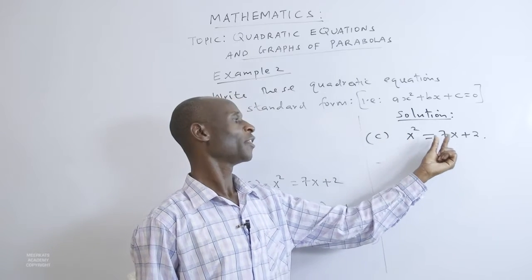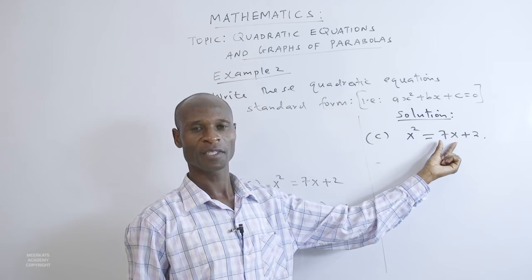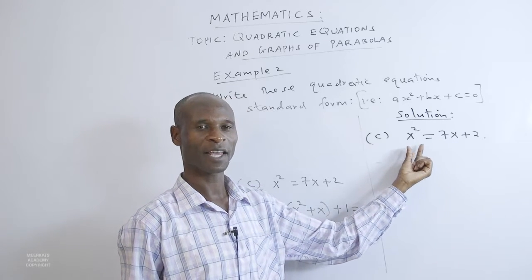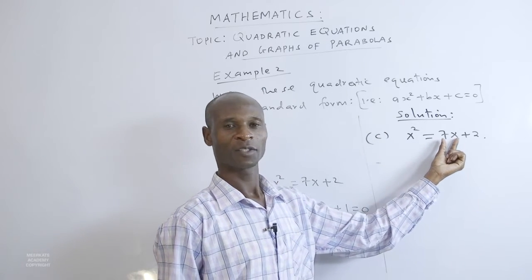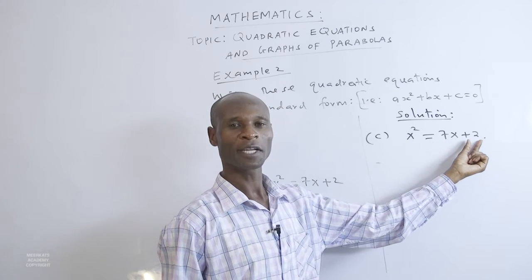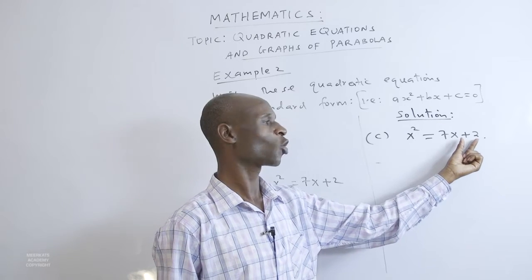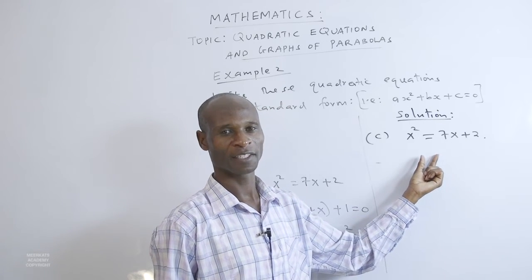The linear term, which is 7x, is on the right-hand side, so we need to bring it to the left-hand side. We need to collect it to the left-hand side. Then the constant term is positive 2, which is again on the right-hand side. We need to collect it to the left-hand side.